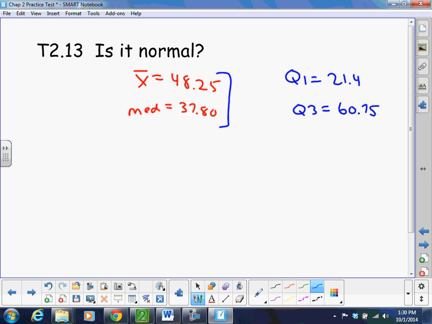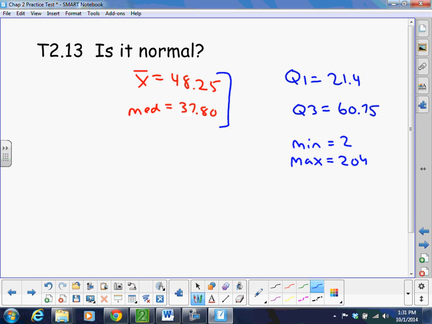And you can also look at the max and min. Max is 204, while the min is only 2. So it looks like there's some skewness going on. The mean is quite a bit closer to the minimum than it is to the maximum, so it's not in the center like we would hope it would be if it was normal.